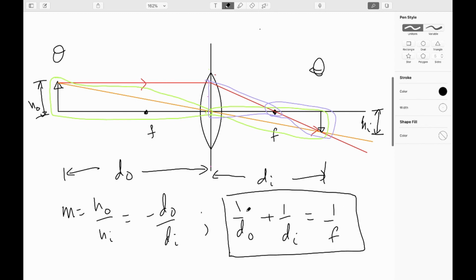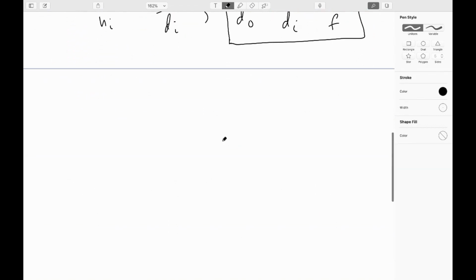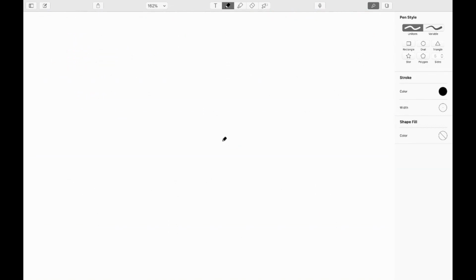Okay. Now I want to make it clear that converging and diverging can take a lot of different meanings here. So with radii of curvature, if the light hits the surface before it hits the center of curvature, it's positive. And if it hits the center of curvature before it hits the surface, it's negative.